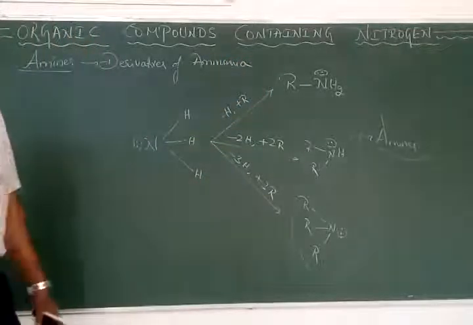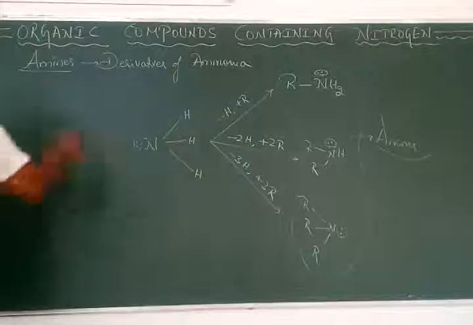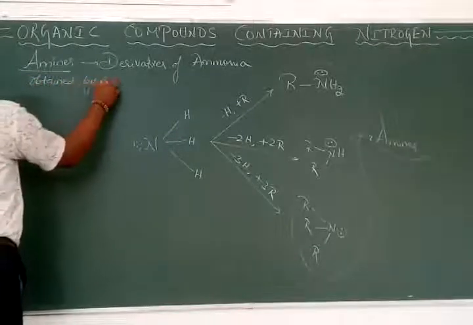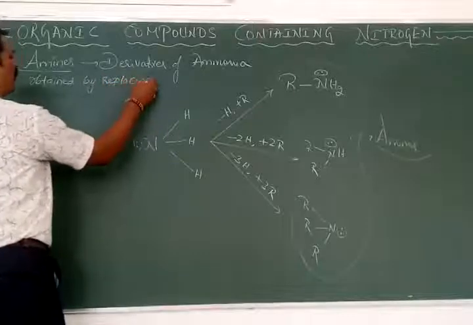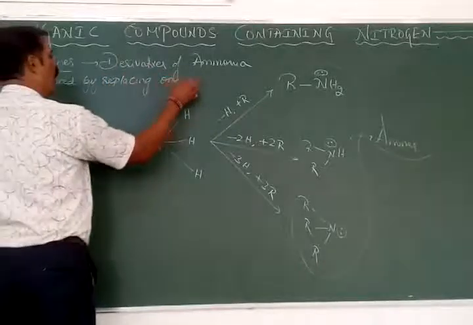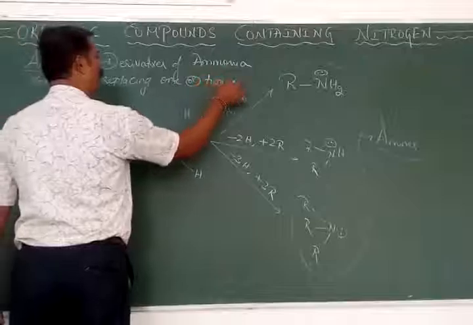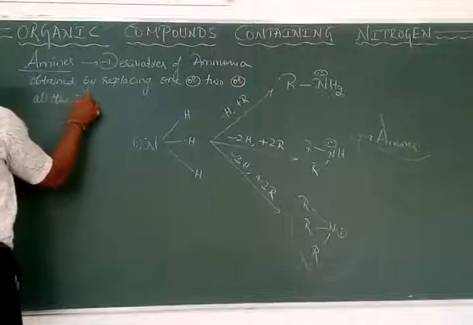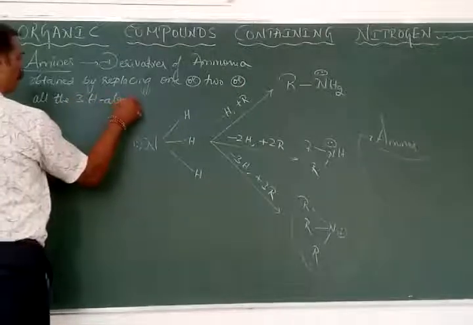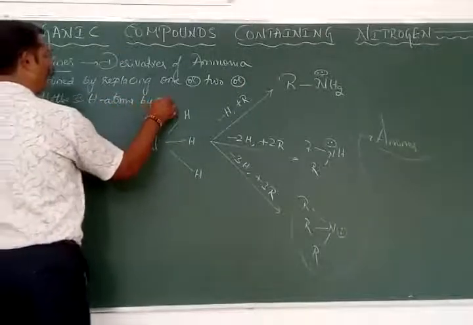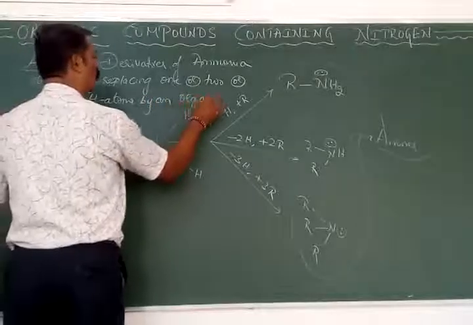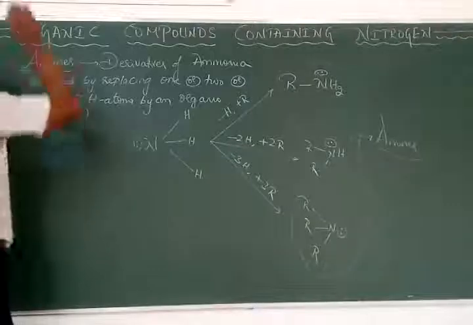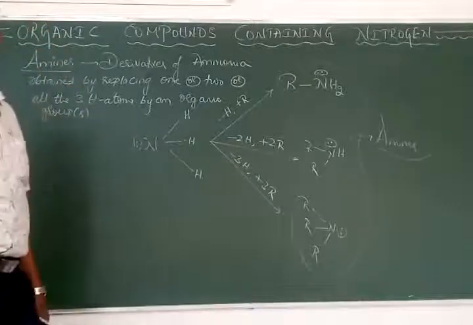Amines are the derivatives of ammonia obtained by replacing one, two, or all three hydrogen atoms by an organo group, or sometimes groups. Either they may be the same or different, I don't know about that.